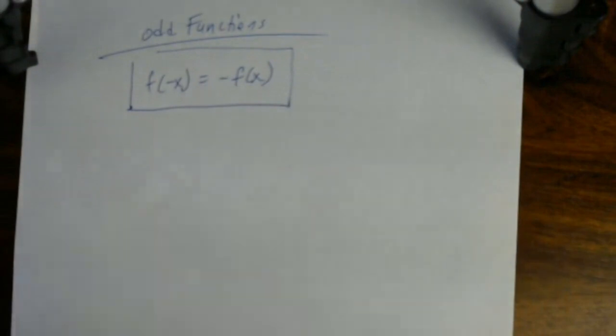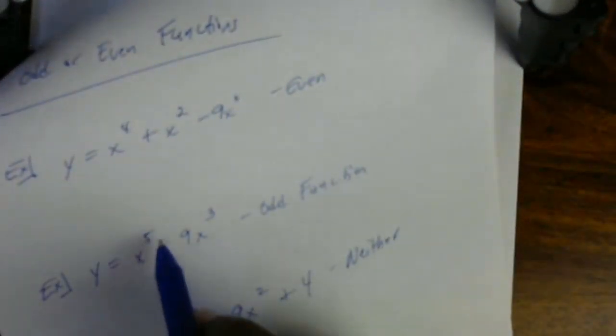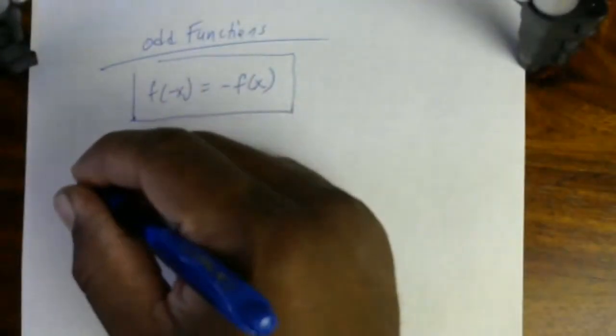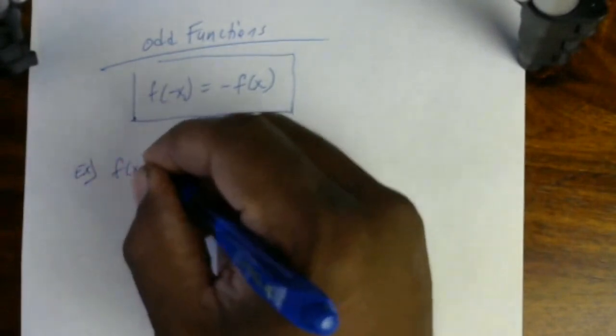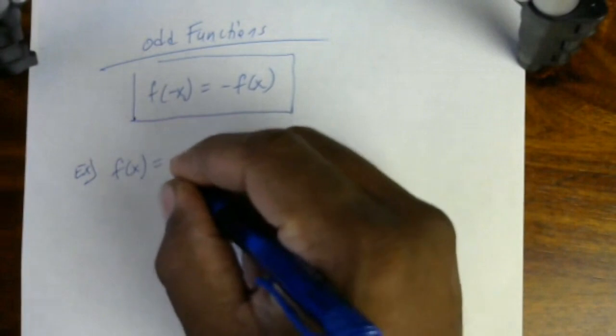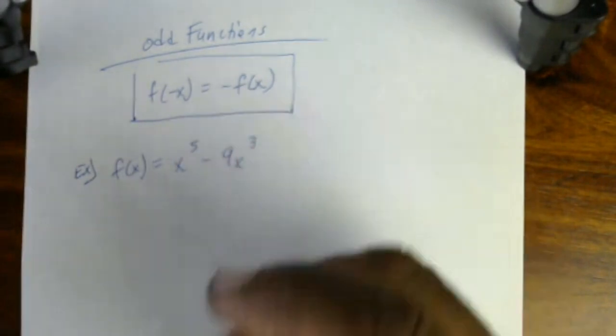Right, so we're going to go back to this odd function, x to the 5th minus 9x cubed. So we have f of x is equal to x to the 5th minus 9x cubed.